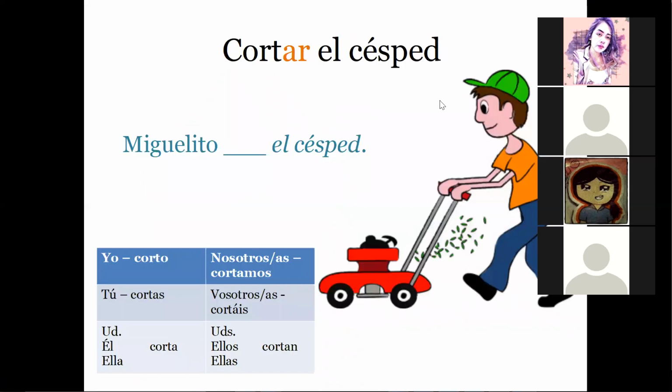Sorry, okay, I'm gonna put it here. Actually, I'm gonna cover the conjugation because I don't know if you know the conjugation or you're just copying. Okay, comment down below. Miguelito. Corta. Okay, corta el césped. Okay, césped. Okay.